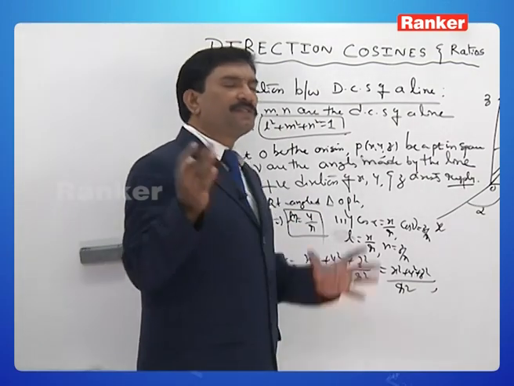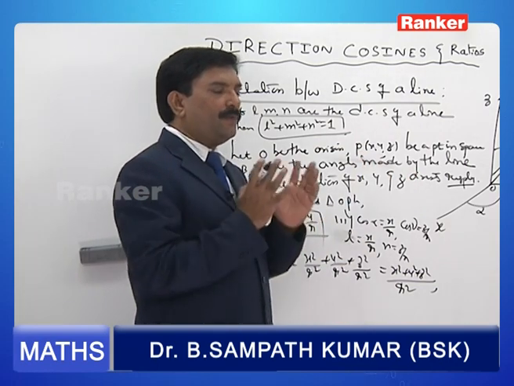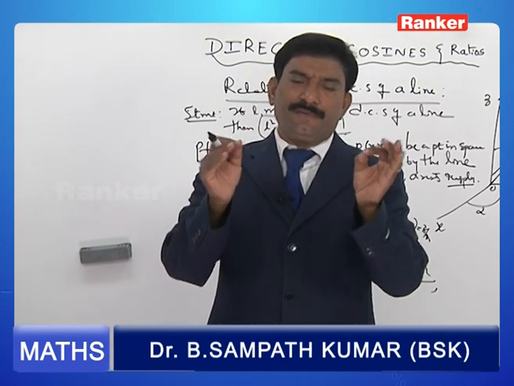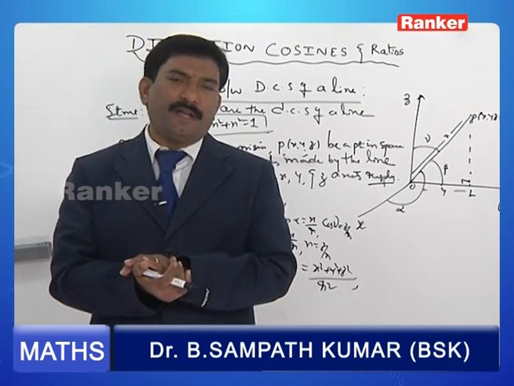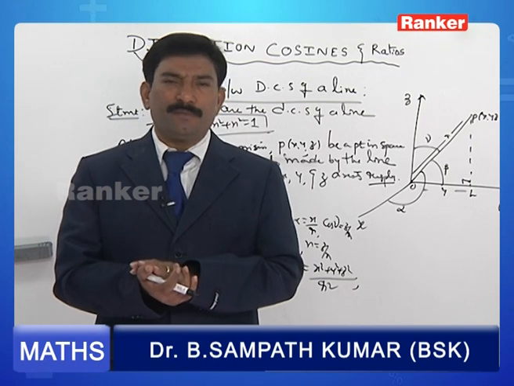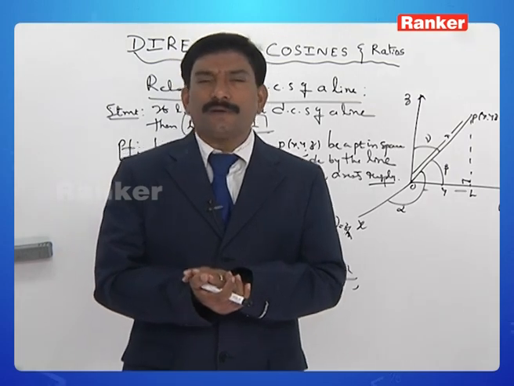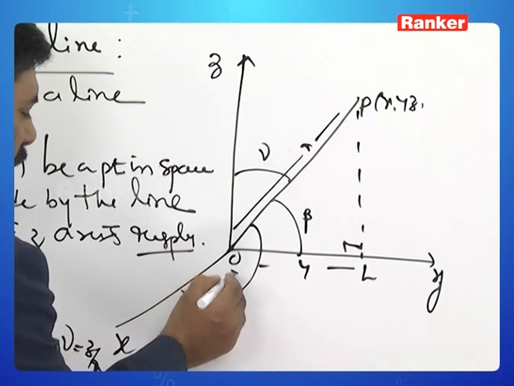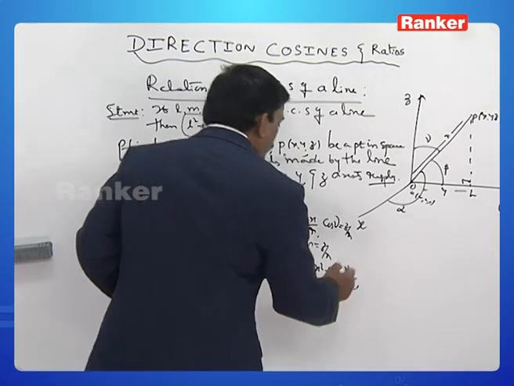We know already the distance between two points in three dimensions: if I take this point P as x1, y1, z1 and Q as x2, y2, z2, the distance between the two points PQ can be defined as the square root of x2 minus x1 whole square plus y2 minus y1 whole square plus z2 minus z1 whole square. Instead of x1, y1, z1, I can take this point as 0, 0, 0 and this as x, y, z.